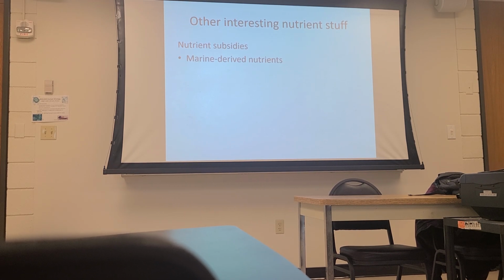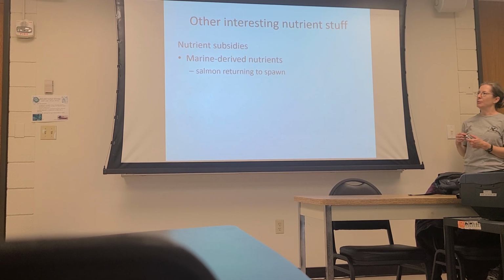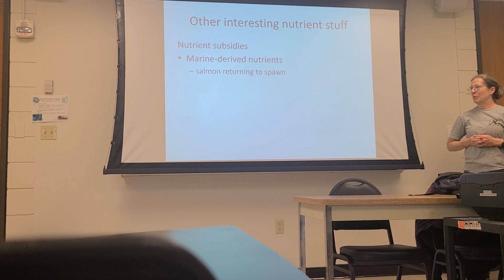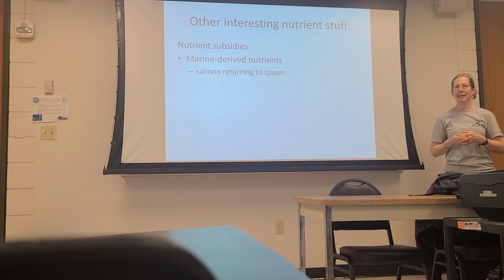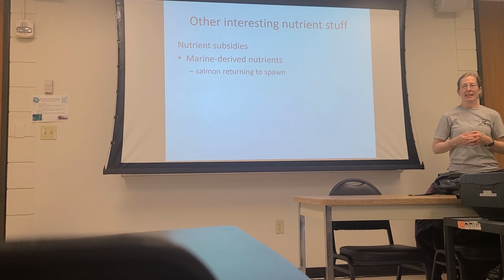So for example, some rivers have marine-derived nutrients, and salmon returning to spawn is the big one here. Salmon live their life in the ocean or the Great Lakes, and they go up a river to lay eggs and die.